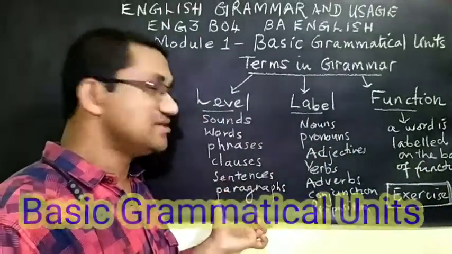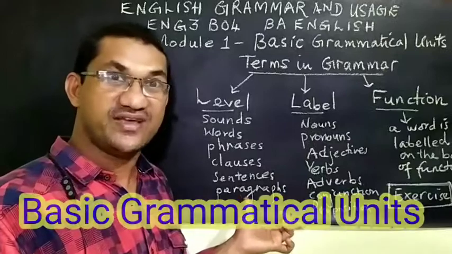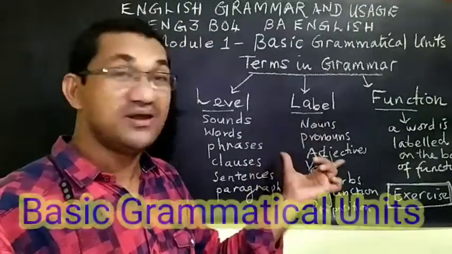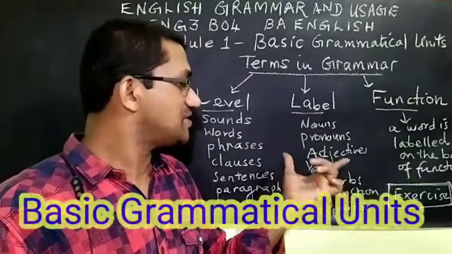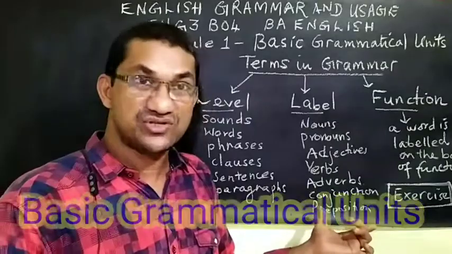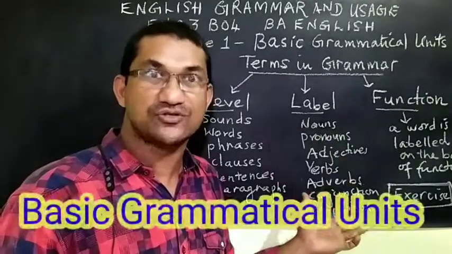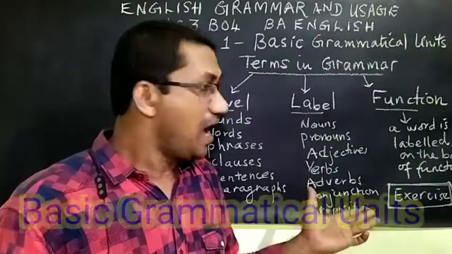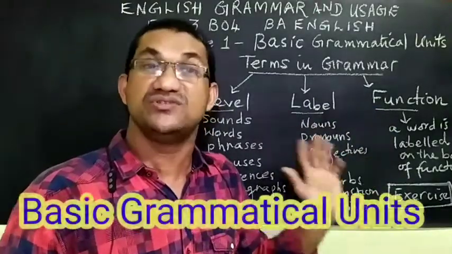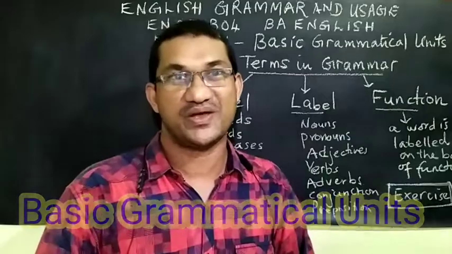Under level we have sounds, words, phrases, clauses, sentences and paragraph. Under label we have nouns, pronouns, adjectives, verbs, adverbs, conjunction, preposition, interjection, etc., which can also be called parts of speech. And under function, of course, we have again all these elements discharging different functions, right?